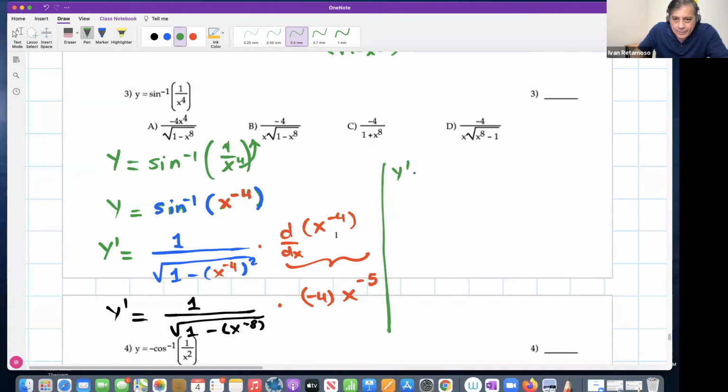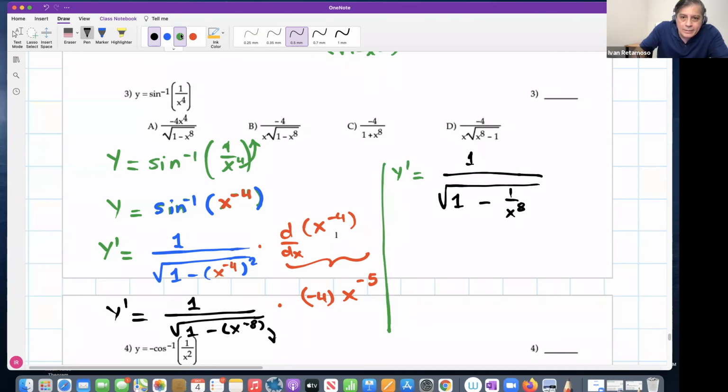Y prime will be equal to what? 1 over here. Rewrite this as 1 minus 1 over x to the 8. Okay, put this down. Will help us with the computation, you will see. 1 is 1 over 1. Take the LCD of 1 and x to the 8, that is x to the 8, right?